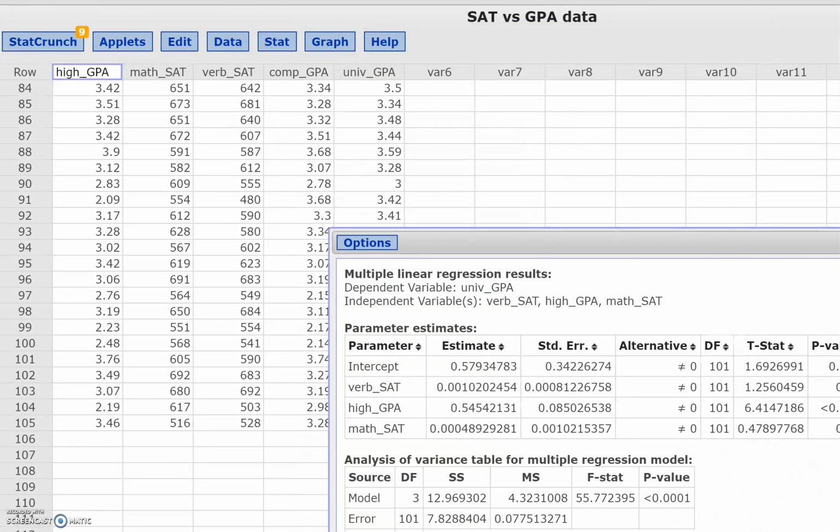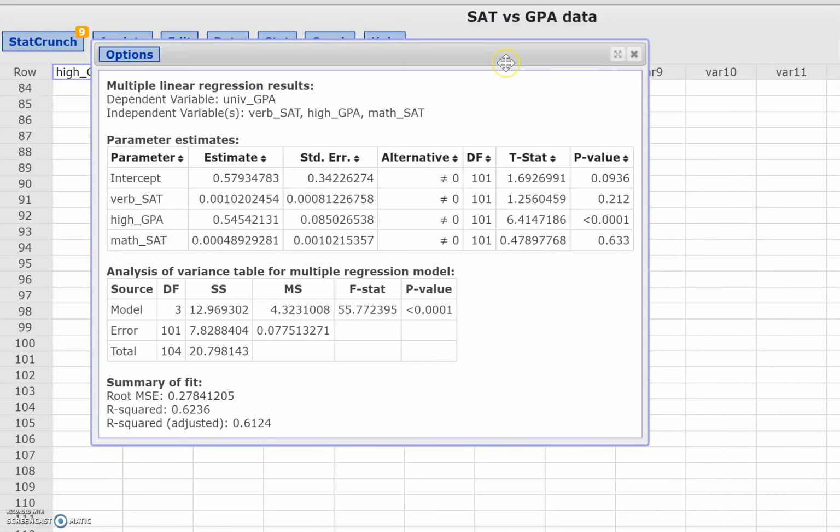If you do something like this, the output is not nearly as nice, but the only thing I really care about here is our r squared. And that r squared only went from a 61 to a 62. So we did not add much more information by throwing SAT in along with the high school GPA. The high school GPA is telling us everything we need to know. We don't need to look at SAT.